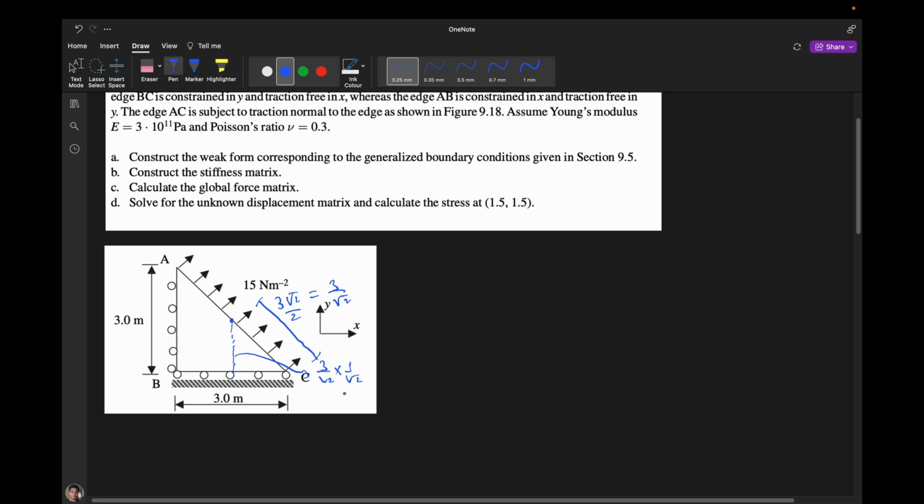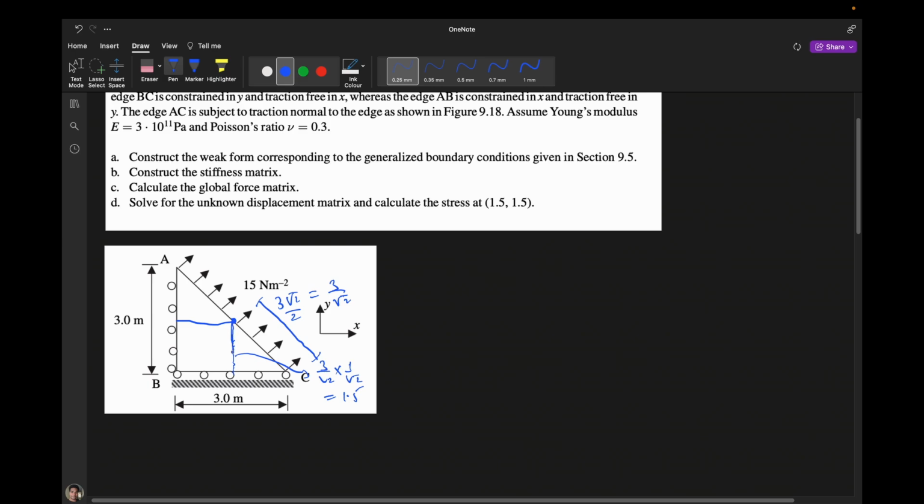This means 1 by root 2, and that will be 3 by 2, that is 1.5. So the midpoint will be somewhere here, on the hypotenuse, where it bisects the hypotenuse.